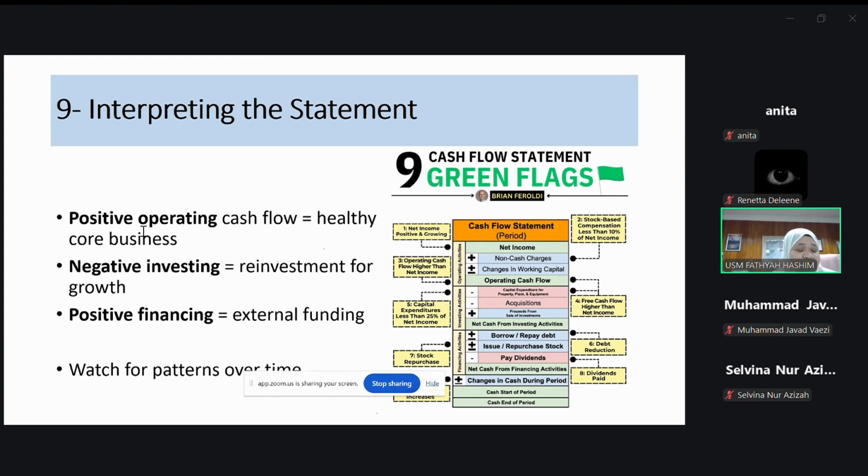It's fine actually if we have a negative net cash flow from investing activities. It is understandable, it's okay, but it shouldn't be more than a certain percentage of the net income that we generate for that particular year.